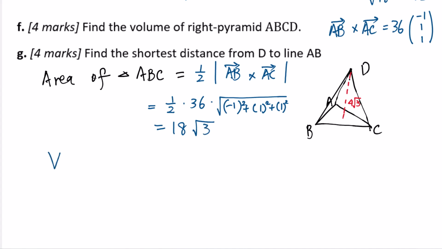So the volume of right pyramid ABCD equals 1/3 times base area 18 square root of 3 times the height 4 square root of 3 equals 72.